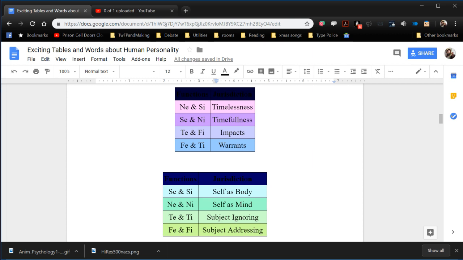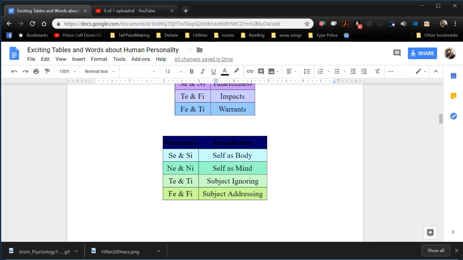Whereas NI tries to encapsulate the fluid passage of time such that SE can act appropriately in the right moment. Warrants means explanations, justifications, or defensibility, basically.